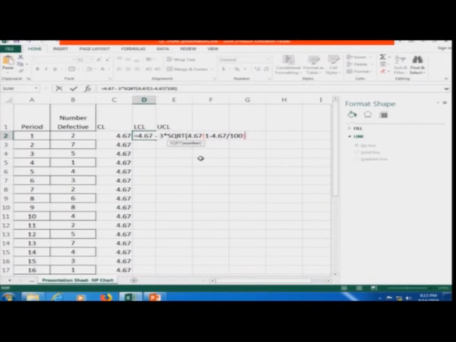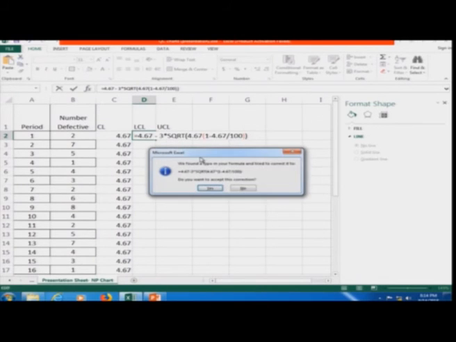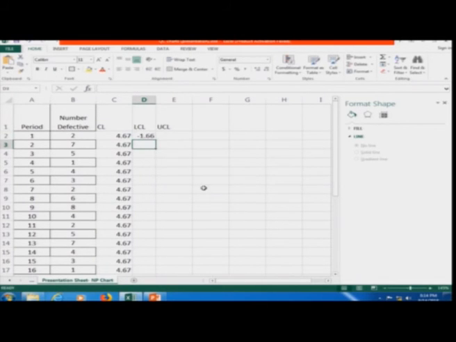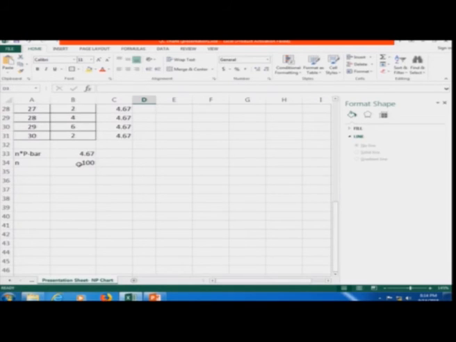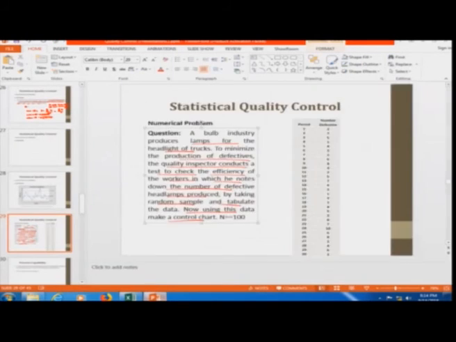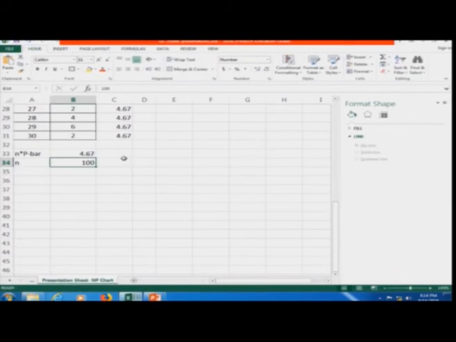Let me close the bracket. I have put it in the question as well that the value of N is 100. He has picked it because N is constant in the case of NP charts.